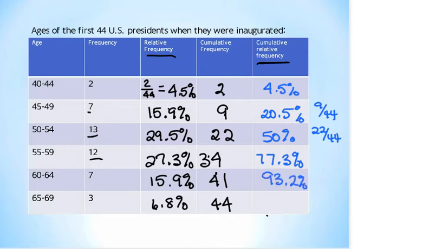And thank goodness that 44 over 44 is 100%. Now this is the cumulative relative frequency. And we can graph this in a chart in order to see how things are growing. At what rate is most of the growth? In other words, we'll be able to look at this and really see the peaks of the ages that they were president.